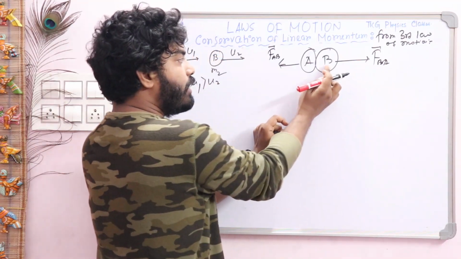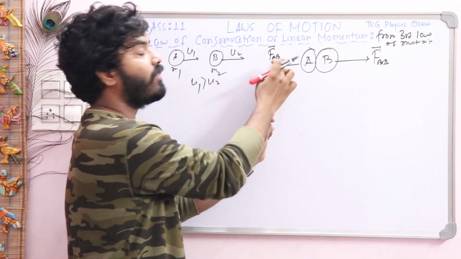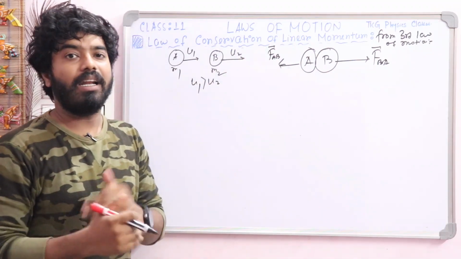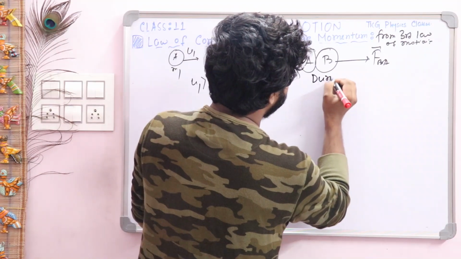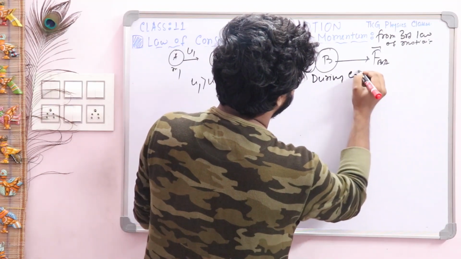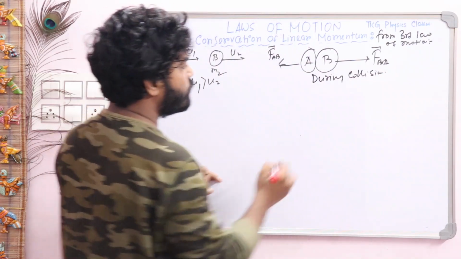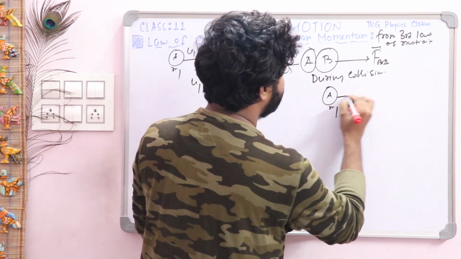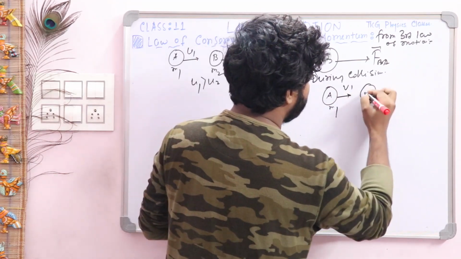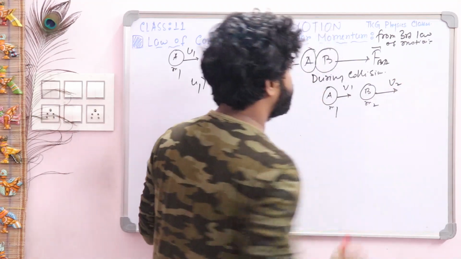Similarly, body B also exerted a force on body A, which is named as FAB. So this is during collision. And after collision, suppose body A of mass m1 is moving with velocity v1, and body B of mass m2 is moving with velocity v2.